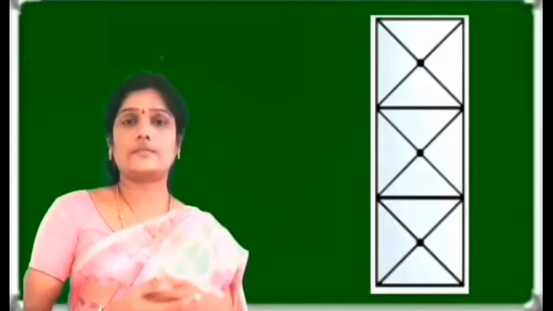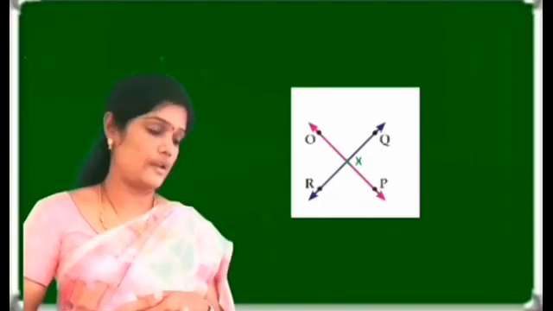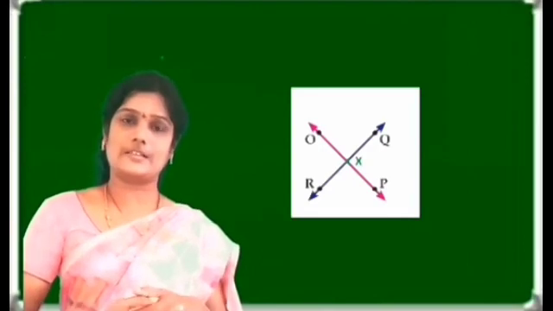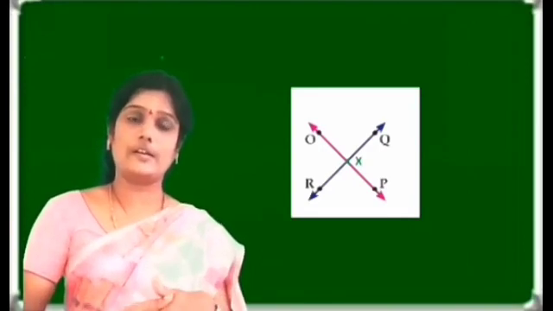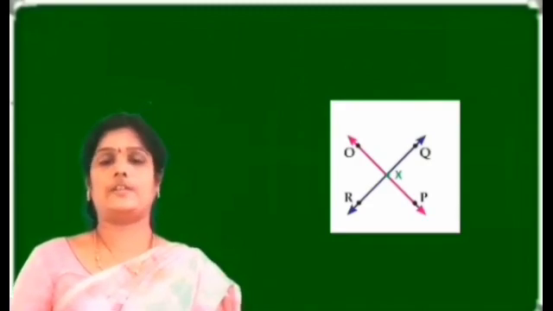See children, see this window grill. Here we have intersecting lines. Here OP and QR are intersecting each other, children. See, OP and QR intersect at one point. Intersecting lines have only one common point.